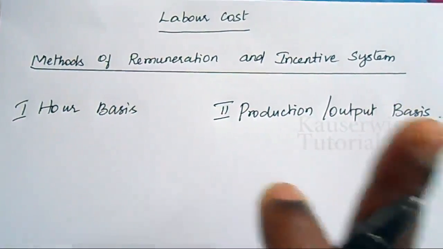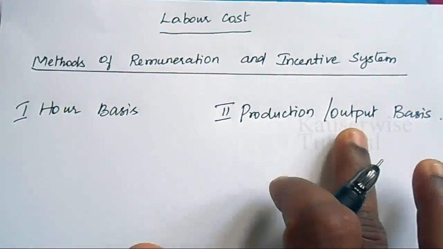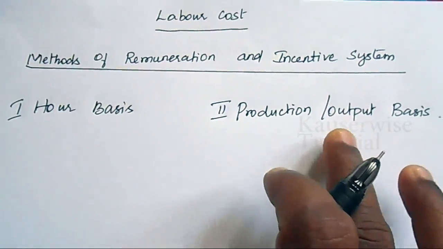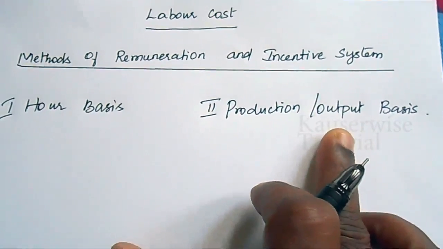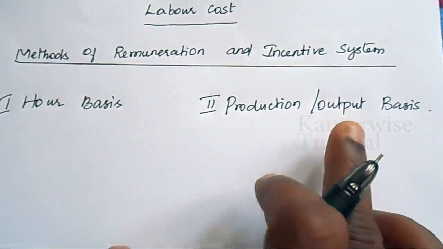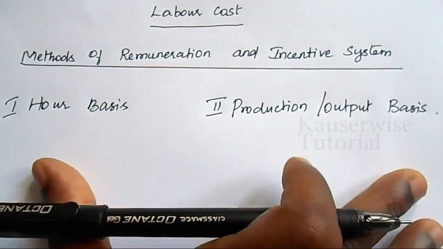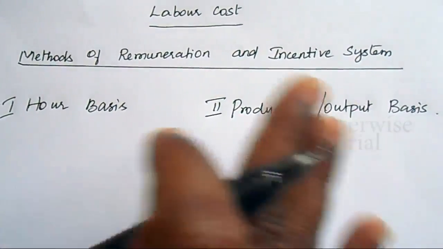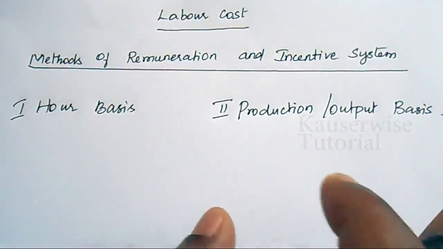But here, they won't see the hours. They'll see only the final result, that is the output. Based on the number of units produced by the employee, they'll calculate the wage. These are the two major divisions of calculation of wages.